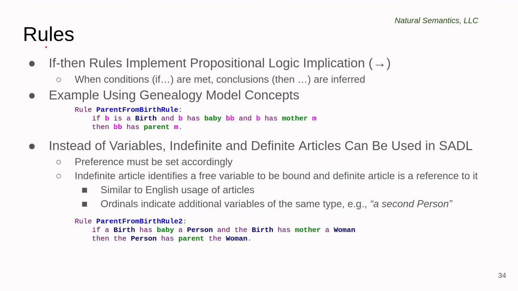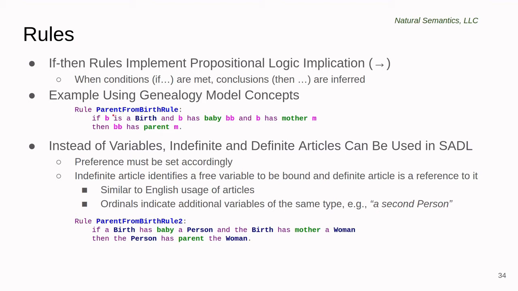One of the last subjects that we want to talk about is rules. If-then rules implement the propositional logic implication operator, the arrow to the right. It's of the form: when conditions if are met, then conclusions then are inferred. So let's look at an example using our genealogy model concepts.